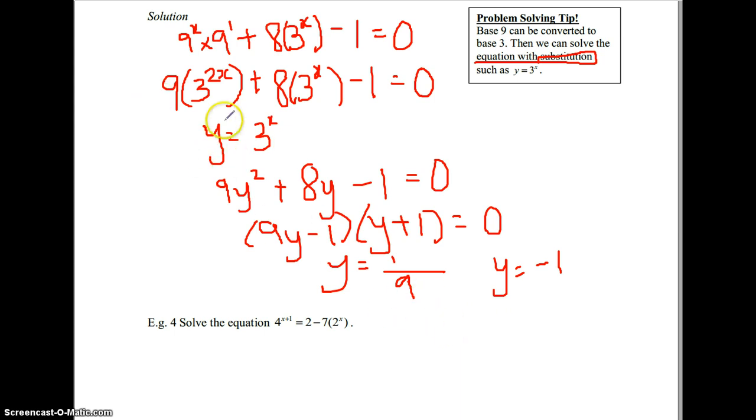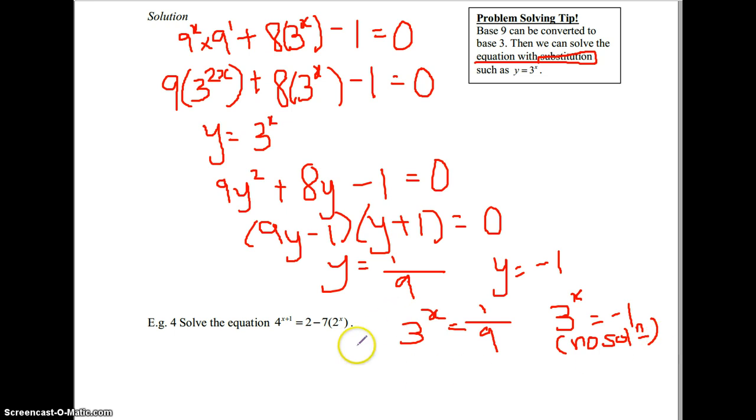So if y is 1 over 9, it means 3 to the power of x is 1 over 9, and 3 to the power of x is minus 1 has no solution. For this, you flip up, you will get 3 to the power of x is equal to 3 to the power of minus 2. Because 9 is equal to 3 to the power of 2, but you have to flip it in the reciprocal manner, it is 3 to the power of minus 2. So x is minus 2.